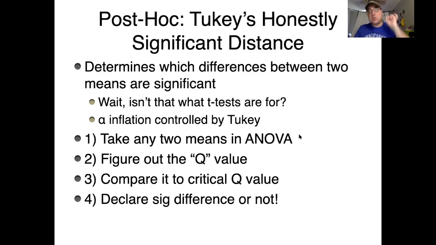Q is a new statistic that tells you the ratio of difference between two means to standard amount of error in the context of a statistically significant ANOVA or F test. That is 2 new statistics in 1 lecture. Yes, we're going to get a new table. You take that Q statistic, compare it to a critical value off of the Q table, and doing that comparison, you get to figure out whether that difference between those two means is in and of itself, all alone, statistically significant or not.